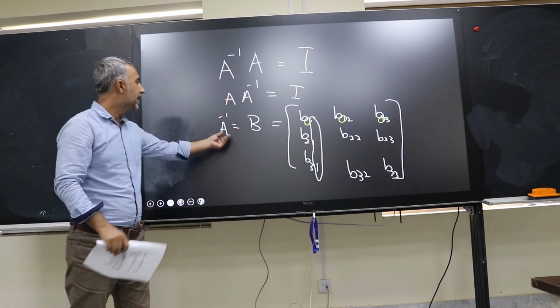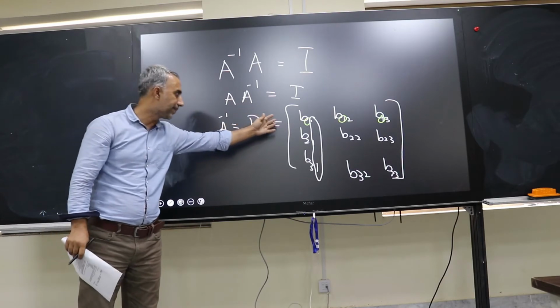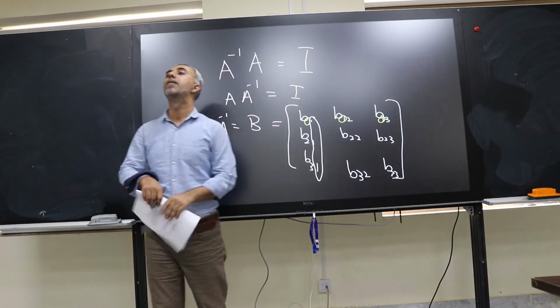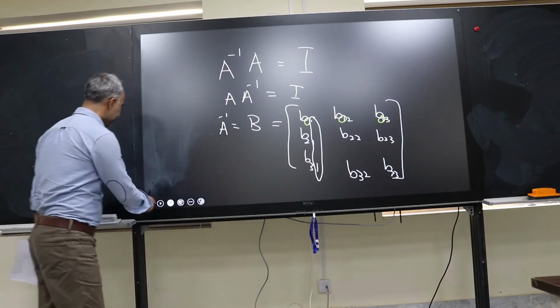Technically, we need to determine all these unknown values of A inverse. Why do we need this?